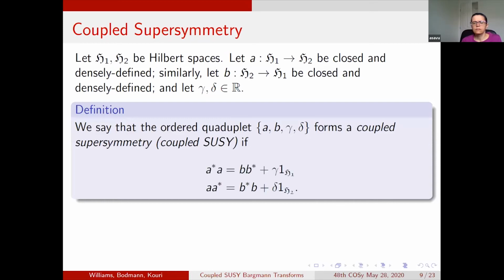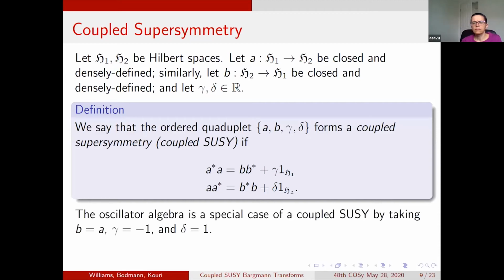A star A is BB star plus gamma, and B star B is A A star plus delta. So the oscillator algebra is actually a special case of this by taking B equal A and gamma equal -1 and delta equal 1. Again, I omitted some details for brevity because the details would take up an entire slide, most likely.